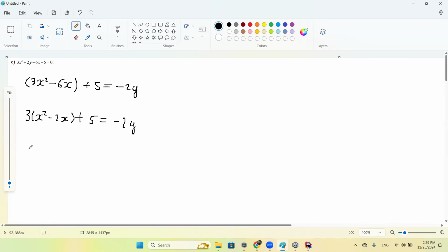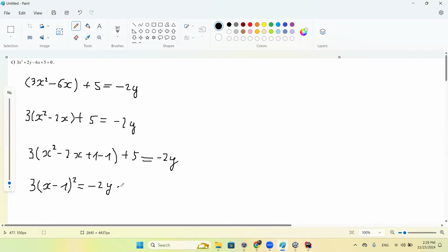Then 3x squared minus 2x plus 1 minus 1 plus 5 equals minus 2y. So 3 times (x minus 1) squared, and here, moving 5, so 5 minus 3 equals 2, so equals minus 2y minus 2.